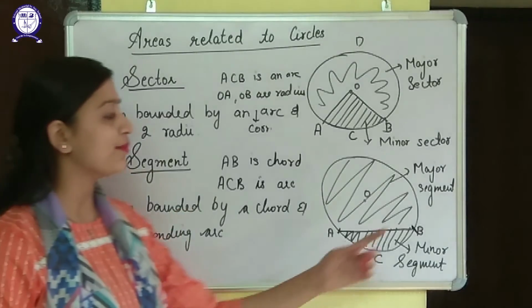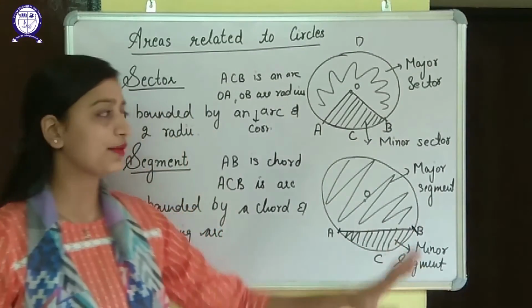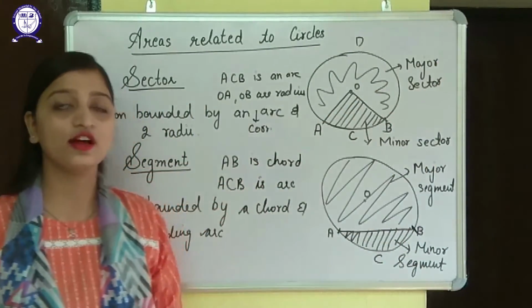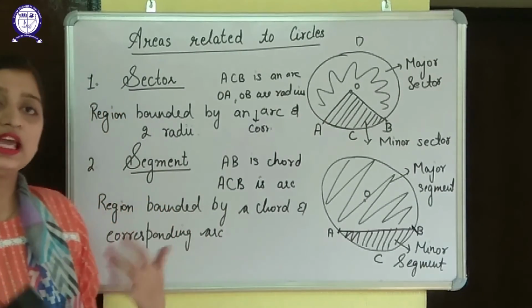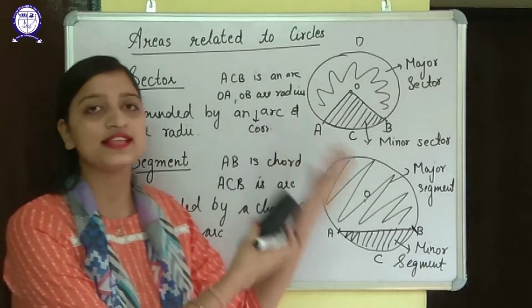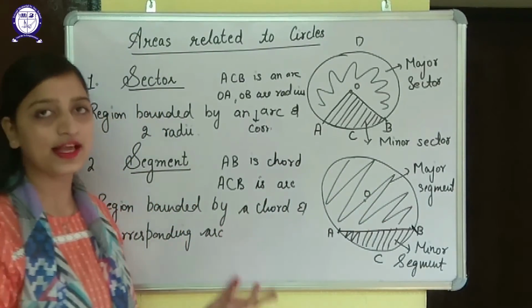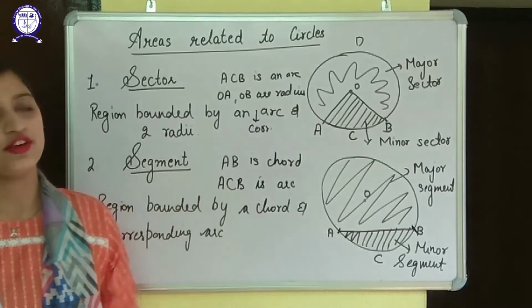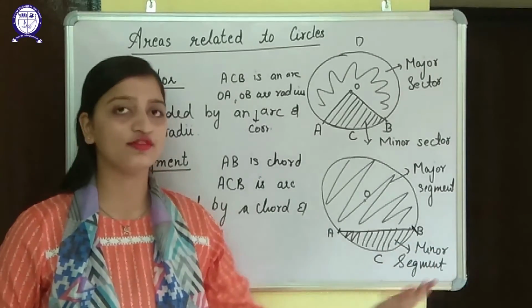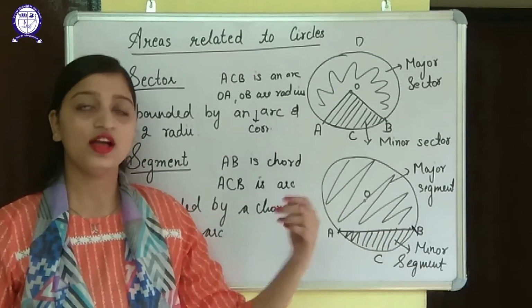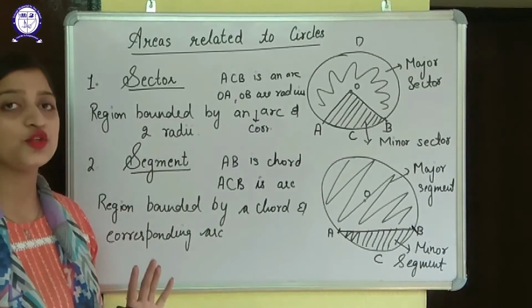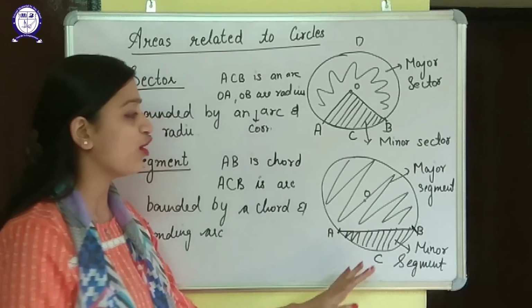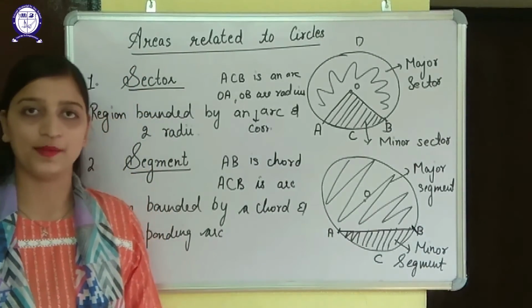And you need to remember major segment and minor segment, minor sector, major sector, because in the question sometimes it may ask to find the area of the major sector or the major segment. The question will not always be like this, that find the area of the minor segment or minor sector. It can be the opposite also. So you always need to remember the diagram of the sector and the segment.